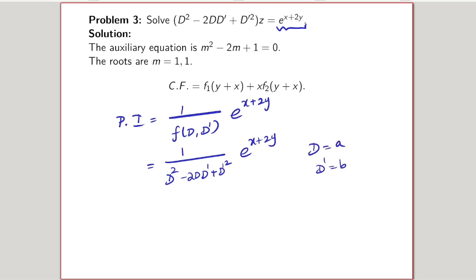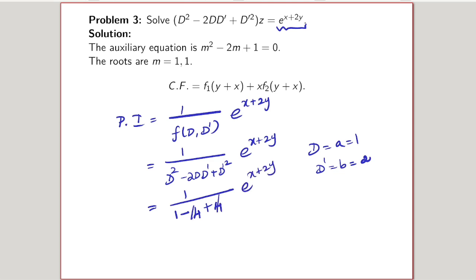So this is equal to 1 by, if we put d as a, it is nothing but 1, because the coefficient of x is 1 in the function, and b is 2. So 1 square is 1, minus 2 into d is 1, d dash is 2, so 2 into 1 into 2 we get minus 4, plus d dash square, d dash is 2, so if we multiply that, we get 4, e power x plus 2y.